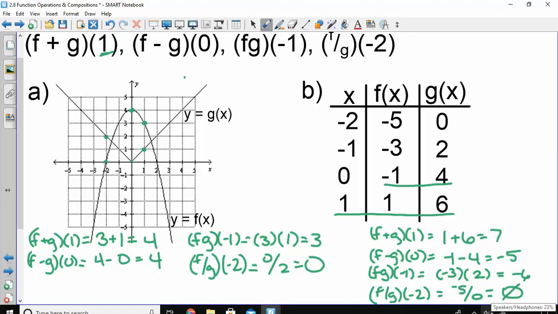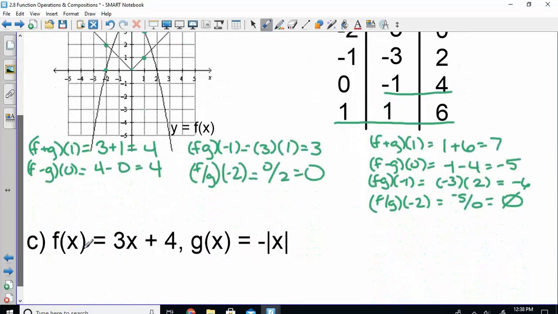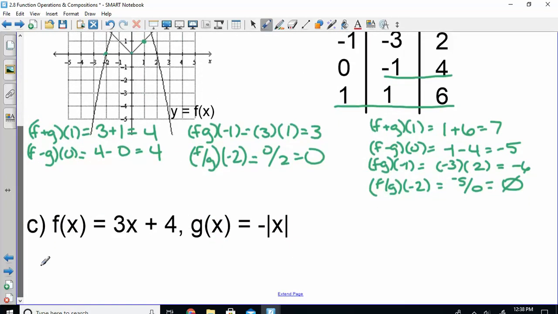Okay. Maybe we should go ahead and do, just as a refresher from Friday, here are 2 equations. I want you to find those 4 things with those equations.